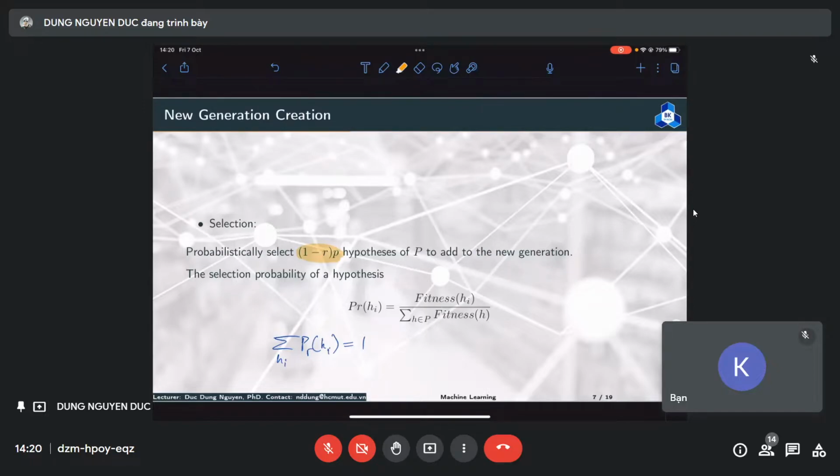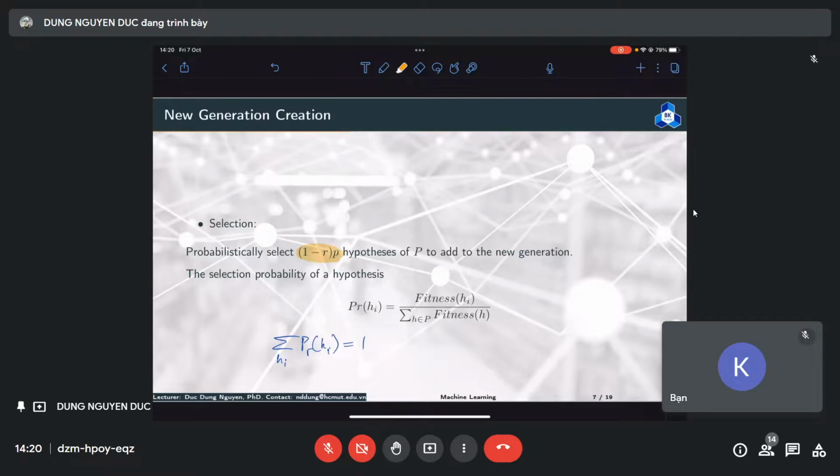What I mean is, in the next generation, not every individual will survive. Just a few of them will survive. And r is the factor that controls how many percent will die and how many percent will be reserved. So let's say r is 30%, then it means you are going to keep 70% and delete 30%.